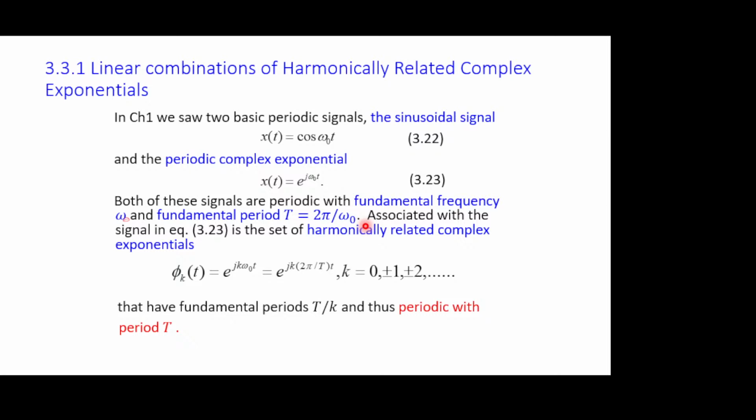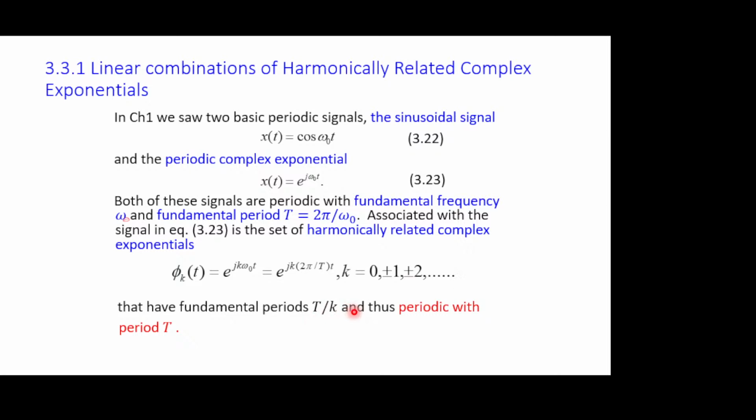As we saw in chapter 1, each of those functions has fundamental frequency k omega naught, and going the other way around, the fundamental period will be T divided by k. Except for k equals 0, it's a weird one, since periodic is undefined for a constant function.